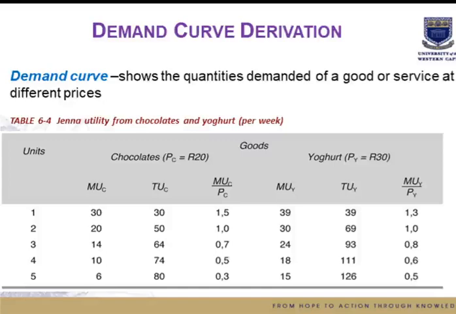Now that the consumer has chosen the utility maximizing combination of the two goods, what will happen if there is a change in the price of one of these products? For example, let's say the chocolate price changes from 20 Rand to 10 Rand, ceteris paribus.